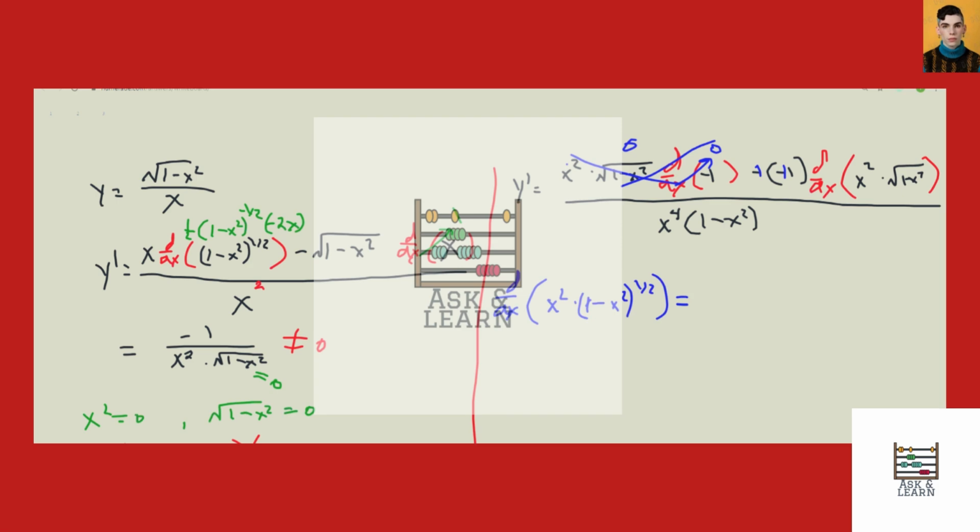So remember, product rule says take the derivative of the first, multiply it by the second, and then add it in the opposite order. So we're going to have 2x times 1 minus x squared to the 1/2 power plus, and I'll need to zoom out a little bit.